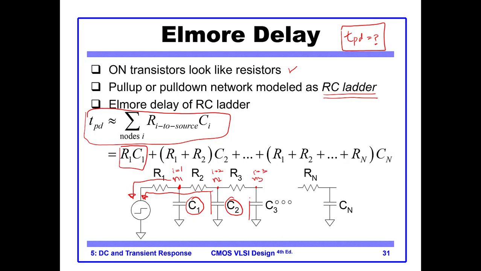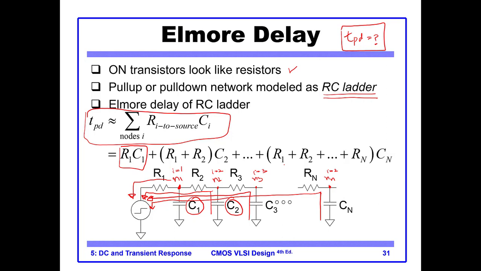Again the capacitance is C3 and the resistance is R1 plus R2 plus R3. And if I talk about node N, then I is equal to N and I multiply Cn into all the resistances until the source, so R1 plus R2 up until Rn, into Cn. So this is called Elmore delay.